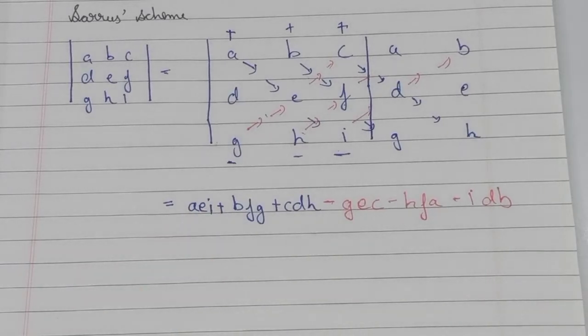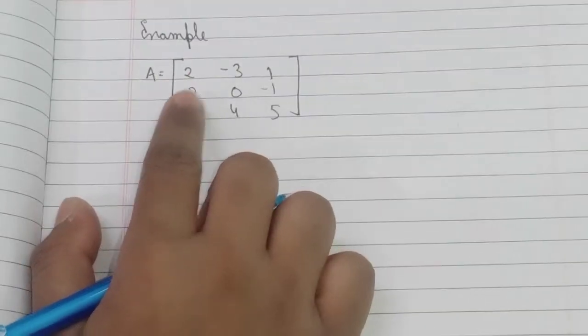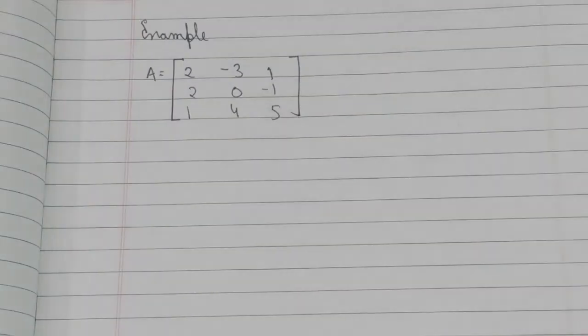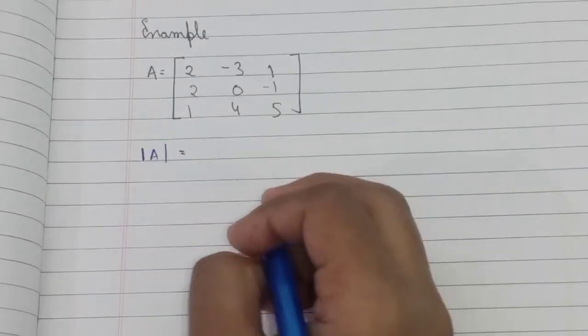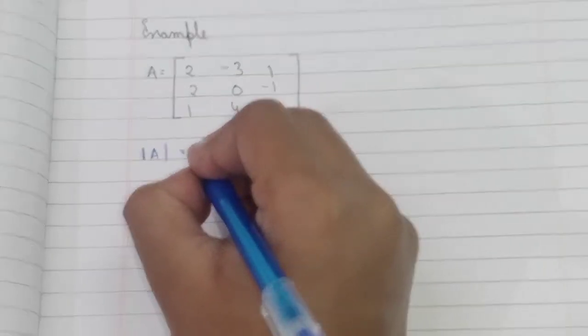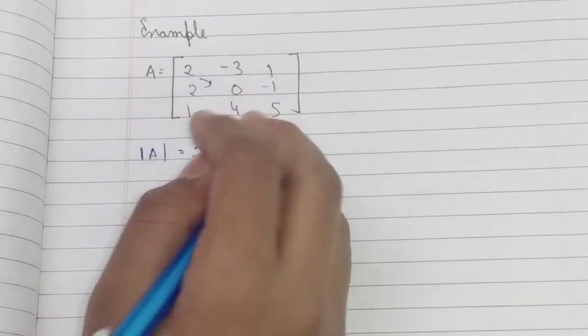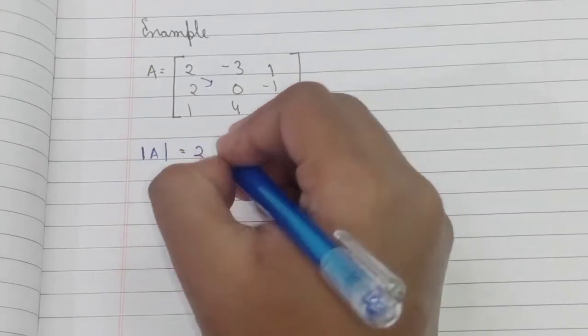Okay, let's look at some examples. Now we have an example here: A equals 2, minus 3, 1; 2, 0, minus 1; and 1, 4, 5, and we have to find the determinant of this matrix. So let's solve. The determinant of A: we take the first element, 2 here, and multiply by the matrix formed by the diagonal, that is 0, minus 1, 4 and 5.